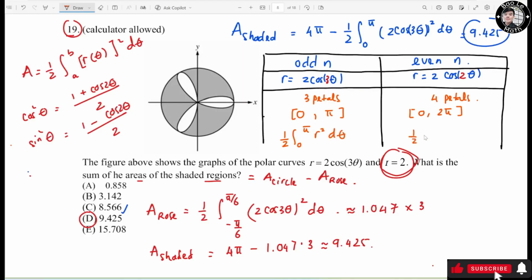This guy, 1/2 times the integral from 0 to 2 pi of r squared d theta. So keep that in mind. For this one right here, you can calculate the area of one petal using the formula 1/2 integral from negative pi over 4 to pi over 4 of 2 cosine 2 theta altogether squared d theta. Then you're going to multiply by 4, right? Because you have 4 petals, right?